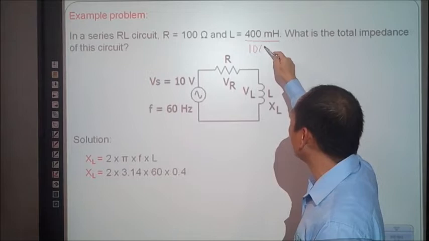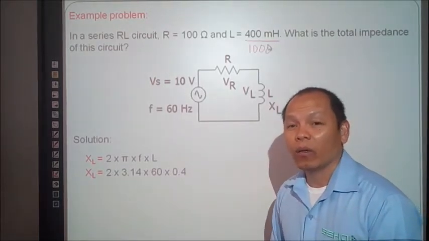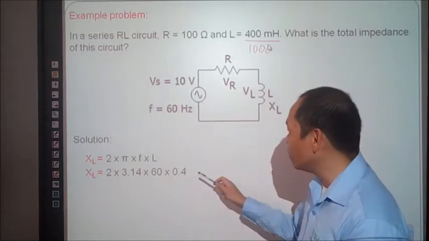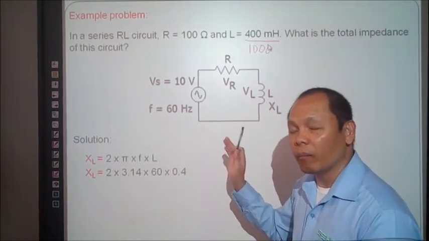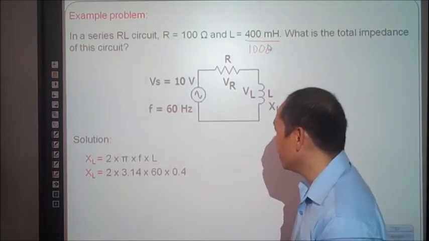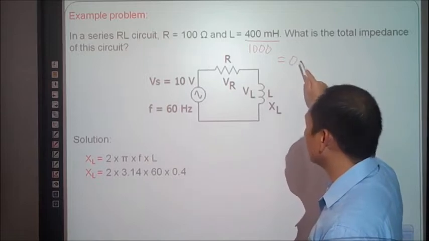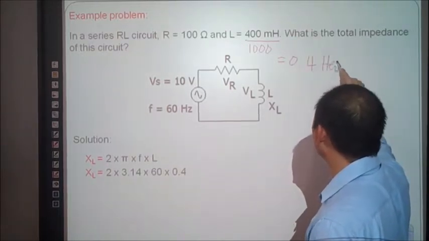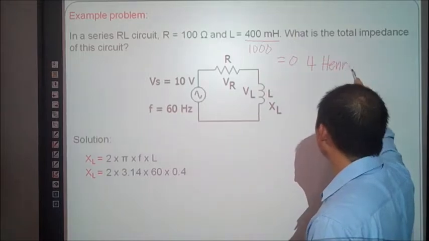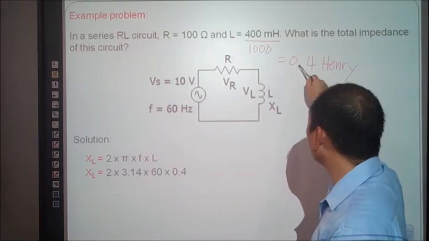Why 1,000? Because milli has 3 zeros, which means 1,000. So you have to divide millihenry to get Henry. This is equivalent to 0.4 Henry. So you write this one here.